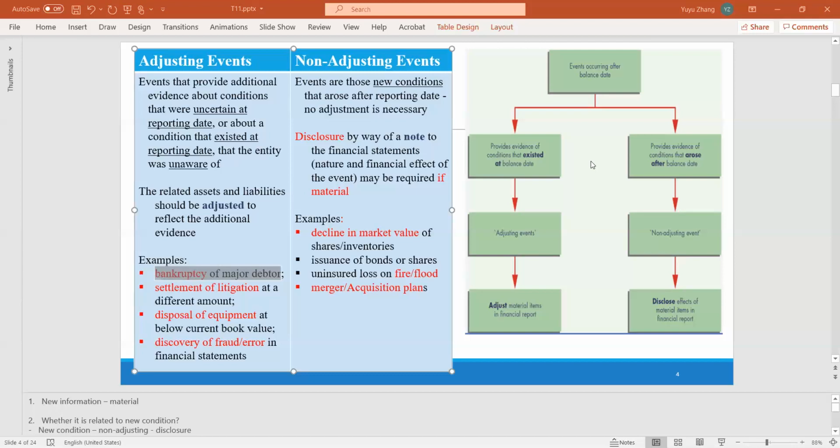For example, if it is about contingent liabilities or contingent assets, of course, it should be included in the notes. And then when you make this adjustment, you should also adjust in the notes. Get that? So adjustment would mean the proper adjustment in the financial statements, also possibly in the notes.